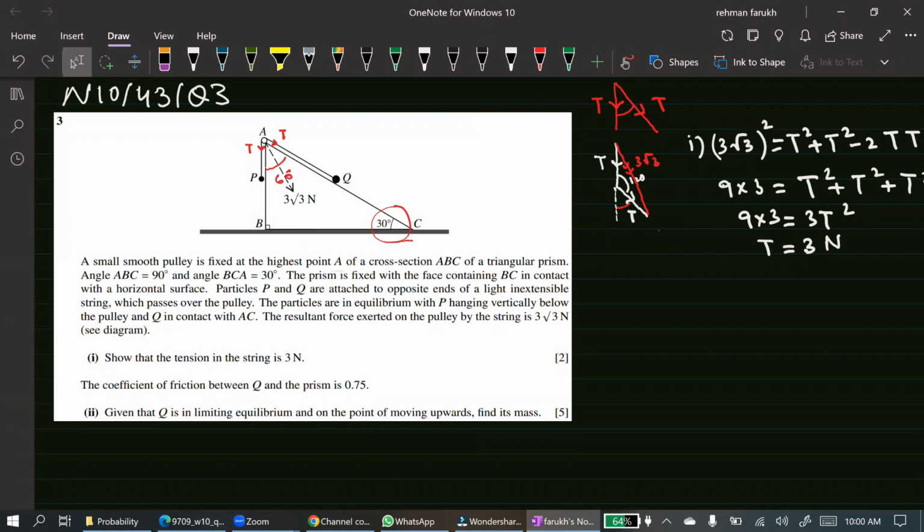The coefficient of friction between Q and the prism is 0.75. Given that Q is in limiting equilibrium and on the point of moving upwards, so the friction will act downwards. Find its mass.